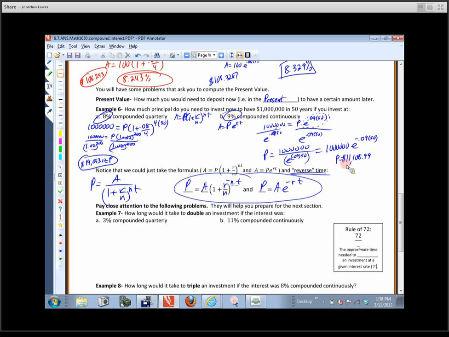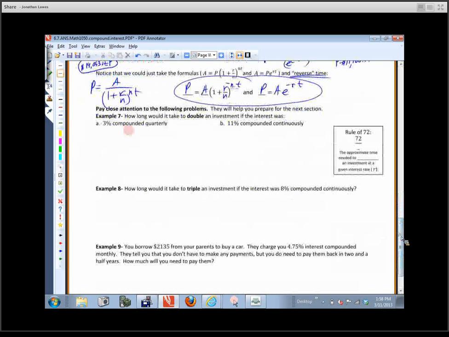Let's say you put that much in that account. Now, if you put $11,000 in, after 50 years you get $1 million. What if you only put $5,500 in? You get $500,000. If you start out with half of it, you end up with half of what the other sum would have been. Okay? So what we want to do on these problems right here is figure out how long it would take me to double my investment. Does it matter how much you put in?